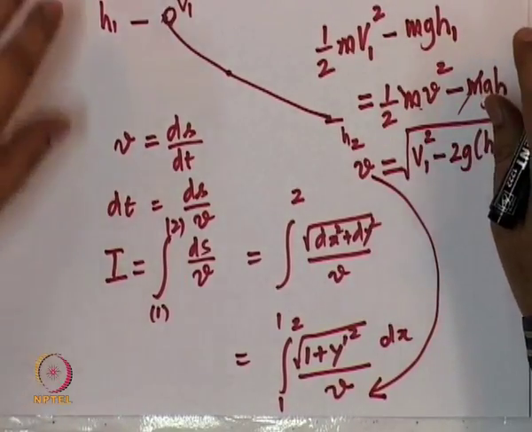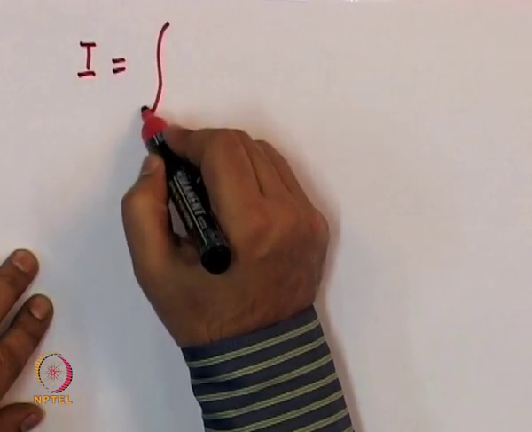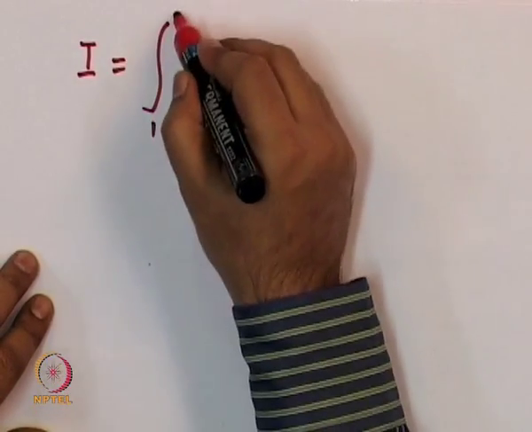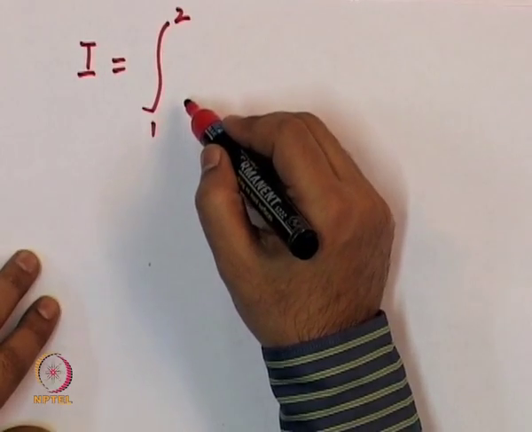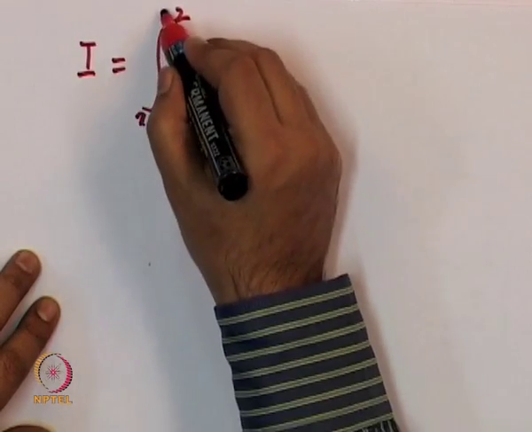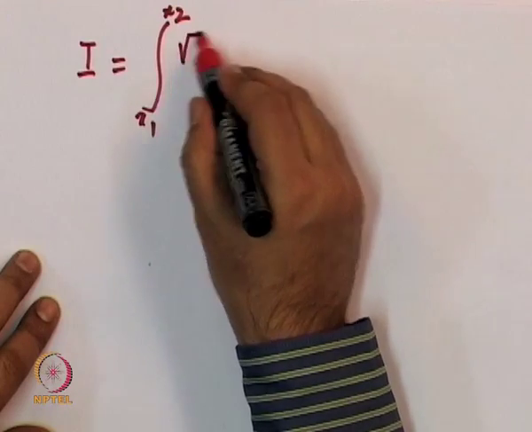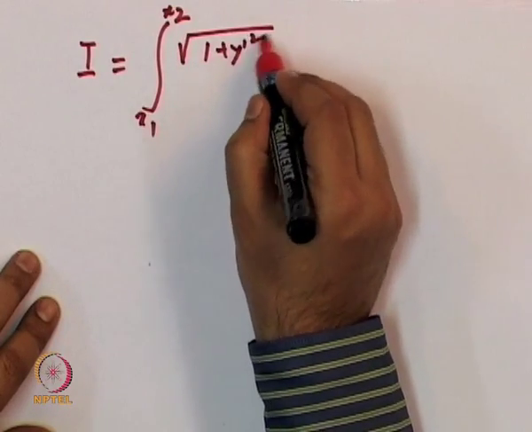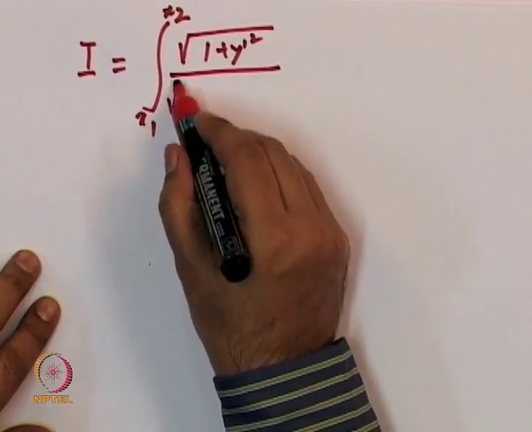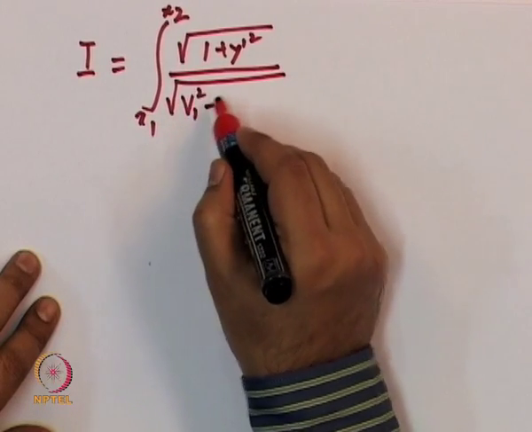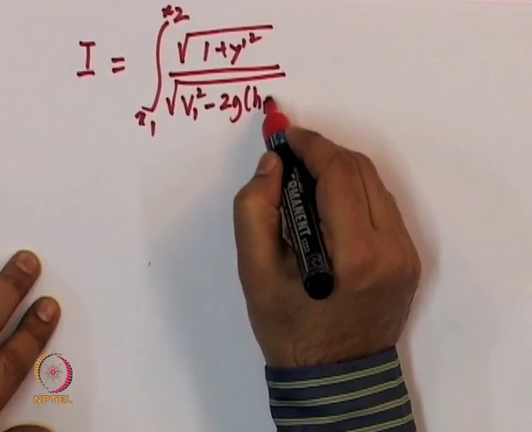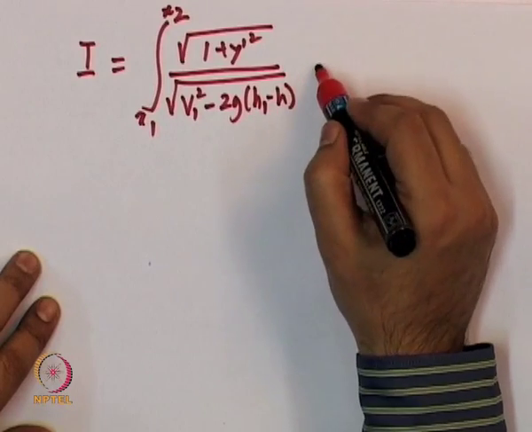If you write the functional for the Brachistochrone problem, substituting all that, you get this functional. What is the functional now? It is equal to the integral from 1 to 2, integrating in dx, so from x1 to x2 if you want to put it that way, of square root of 1 plus y prime squared by square root of v1 squared minus 2 g (h1 minus h) dx.